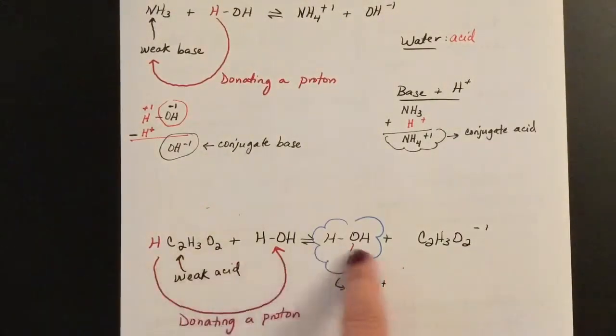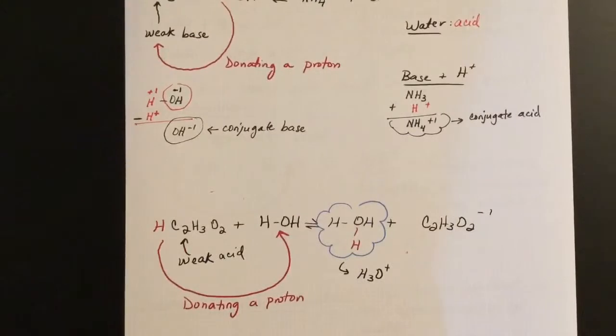And I have here another example. In my second example here, I have my water molecule, and I have a weak acid, which is acetic acid, the one that I presented before. So you have your acetic acid molecule, which is the one that is going to be donating a proton.